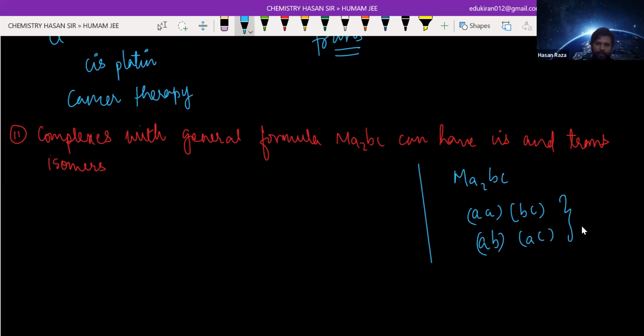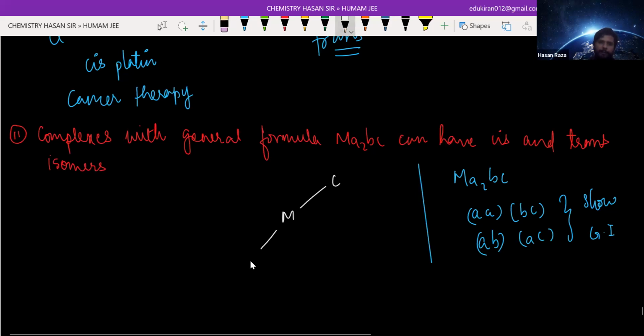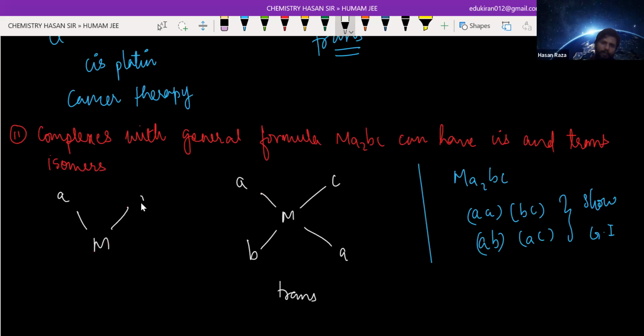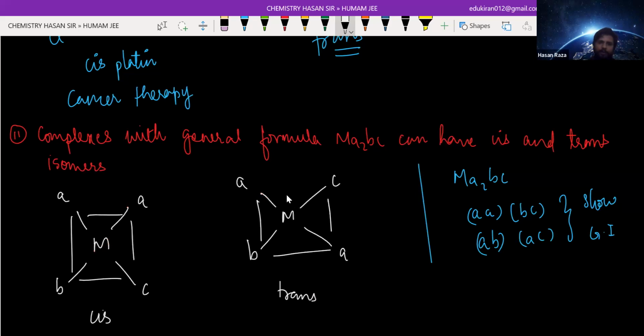That's why it will show GI, minimum two pairs. With respect to A, I'm going to say this is trans, and with respect to A, I'm going to say this is cis. Very simple it is. So write it and let me know when you are done with this.